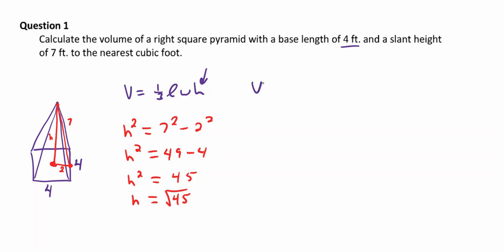So the volume is equal to 1/3 times, and then the length was 4, and the width was also 4. And then the height was what I just found there, that square root of 45. I made it red so it reminds you where we got it. Okay, and then let's plug it all in.